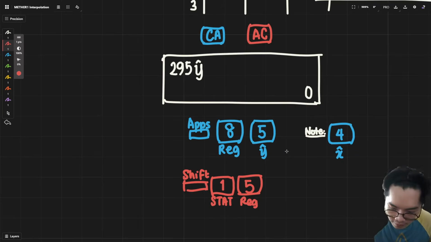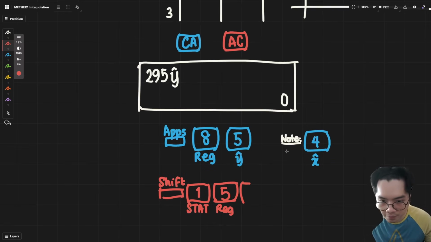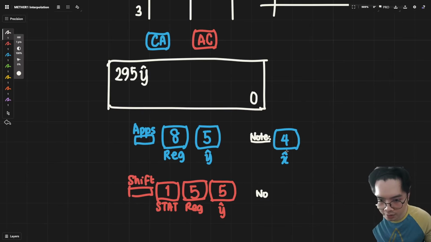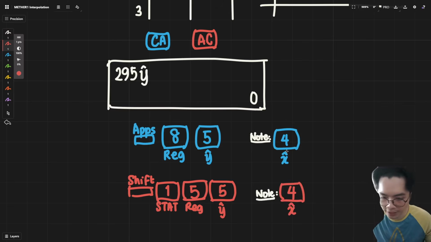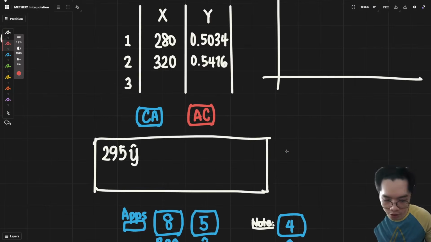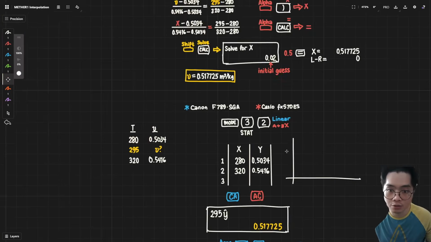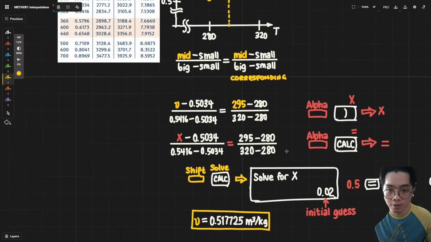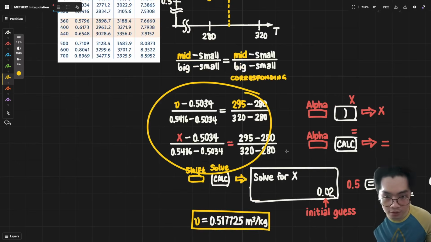And then if you press number 5 again, that is for your y hat. And again, note that number 4 is for x hat. Okay. So if you do this and you press equals, you will be presented with the same answer, which is going to be 0.5177725.